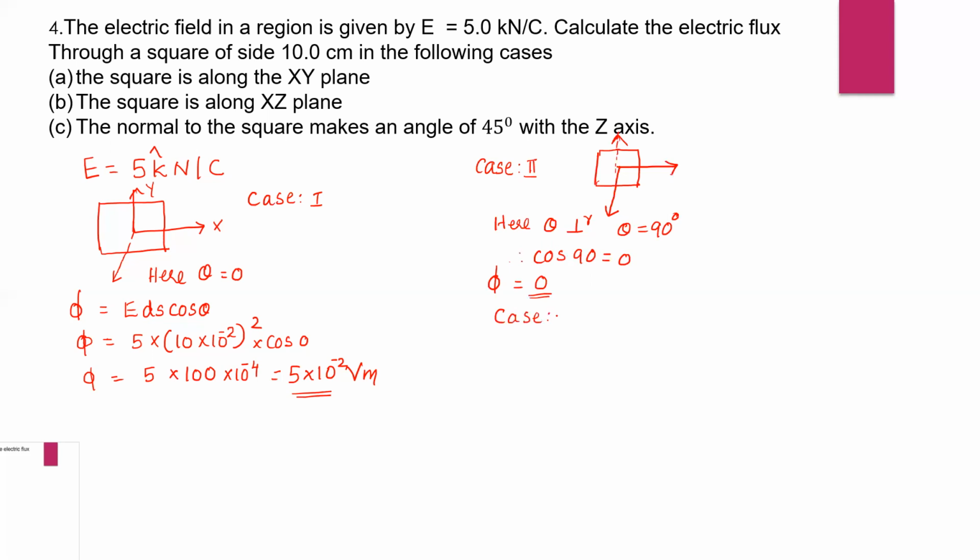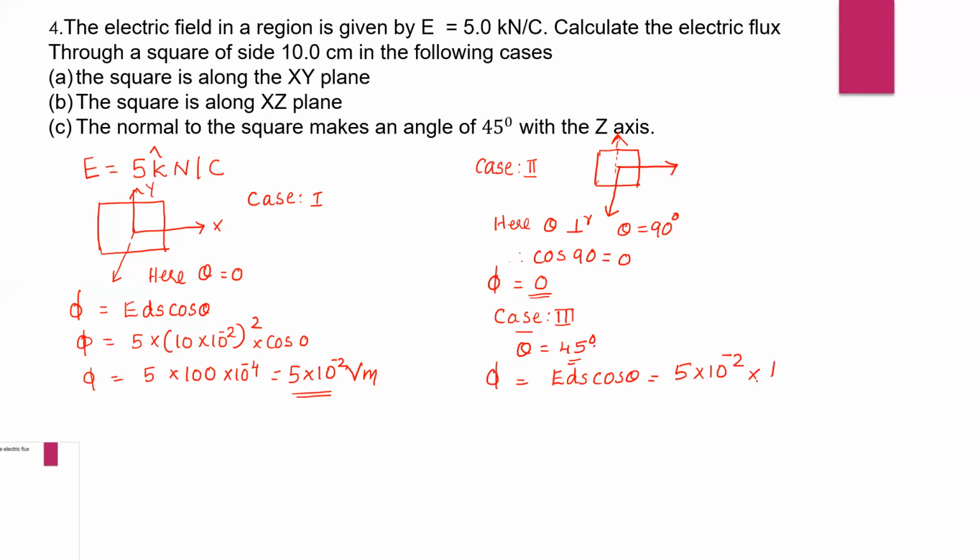Now, case 3. The normal to the square makes an angle of 45 degree with the z-axis. That means the normal to the square makes 45 degree, that is theta is equal to 45 degree. Therefore, flux phi is equal to E ds cos theta. That is equal to the E ds value we got, 5 into 10 raised to minus 2, into cos 45.